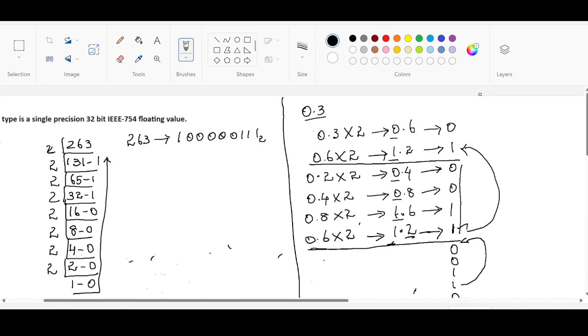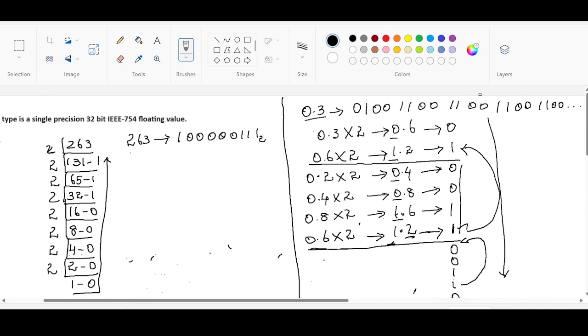So if I write the binary values over here, this time we write them from top to bottom: 0 1 0 0, 1 1 0 0, 1 1 0 0, and it keeps going just like that.